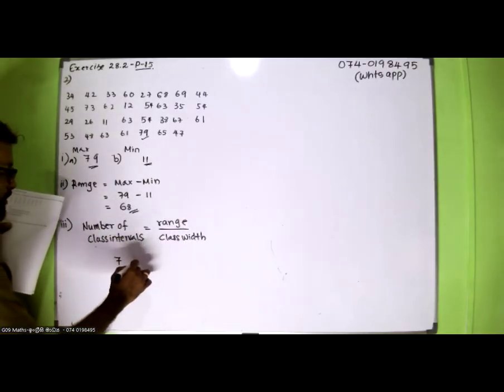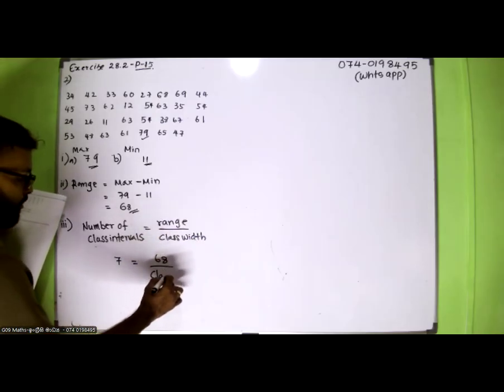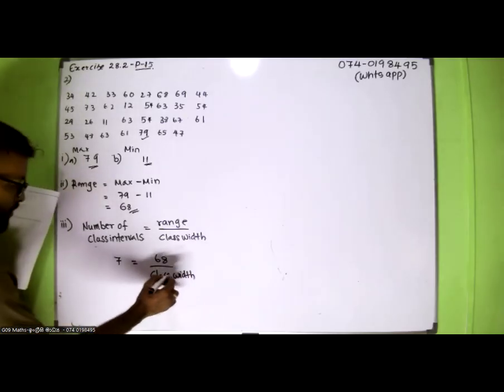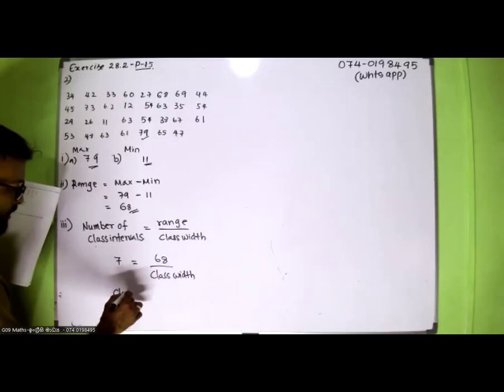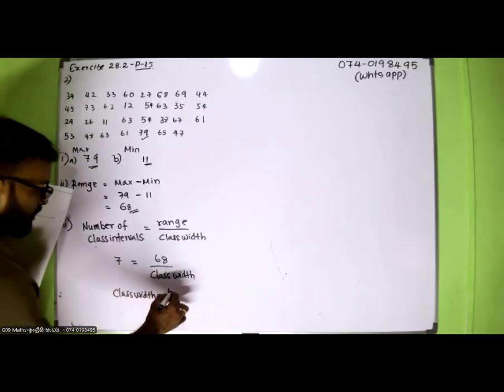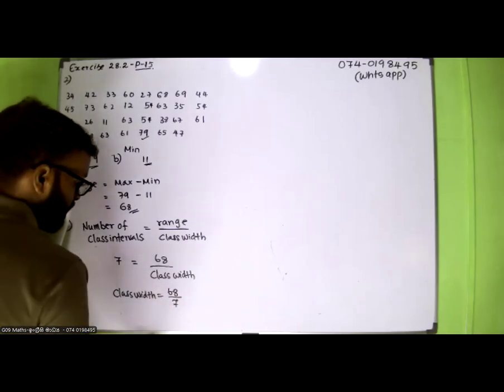I am going to substitute the range 68 and find the class width, or class size. So class width equals 68 divided by 7.